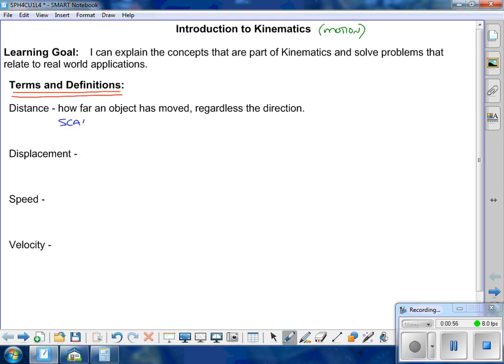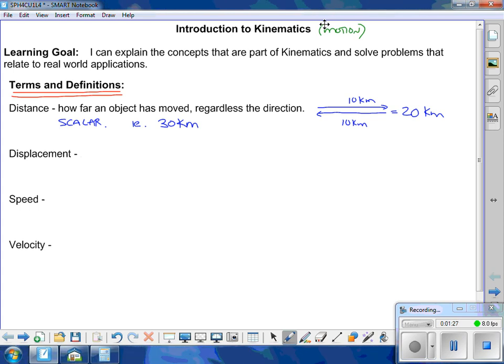This is a scalar, and the example is 30 kilometers. Distance is a measure of how far you've traveled. Doesn't matter, could be going forward plus going backward. If I went 10 kilometers forward, then I went 10 kilometers backward, you would tell me that you traveled 20 kilometers.